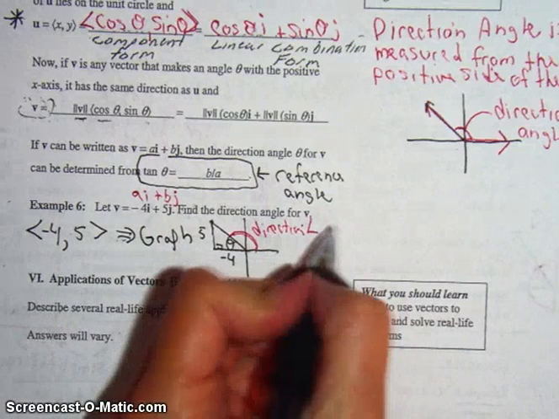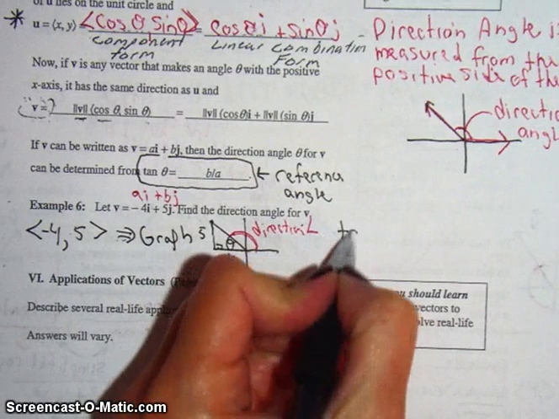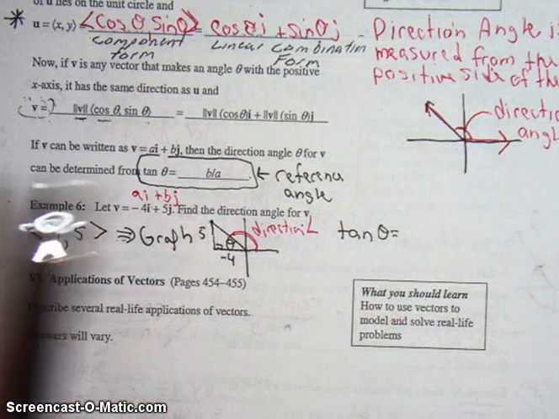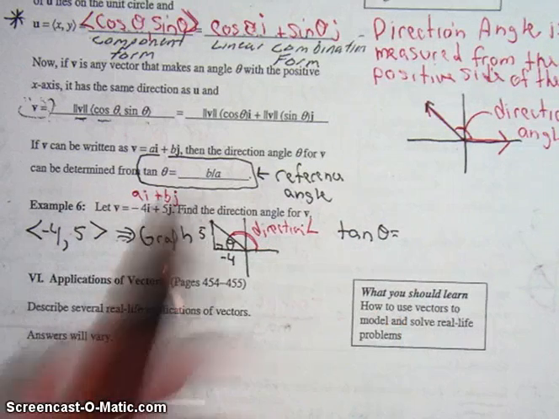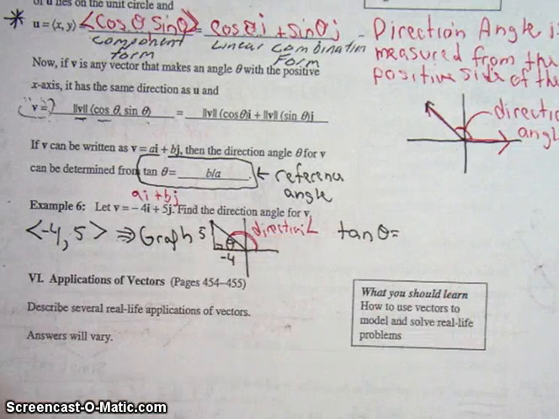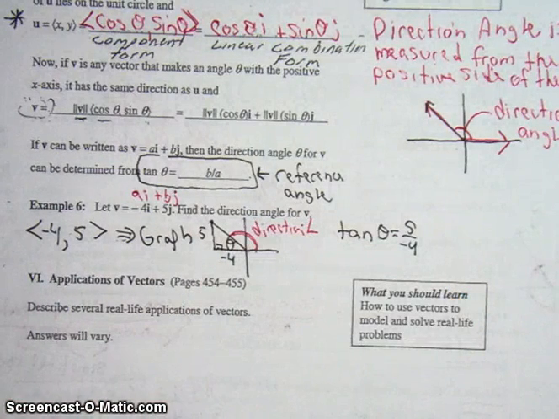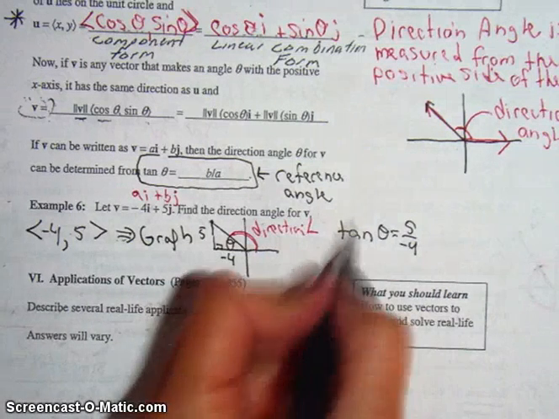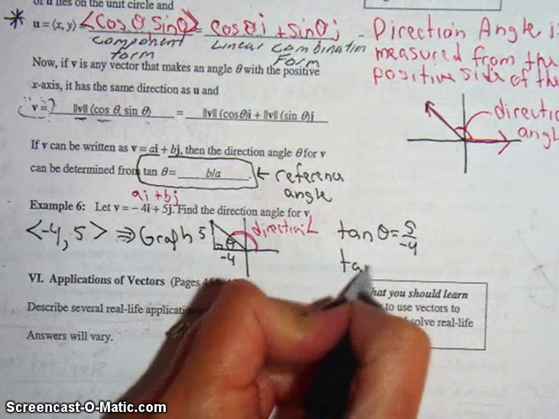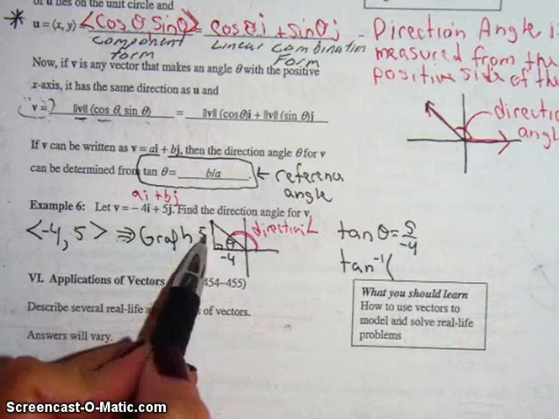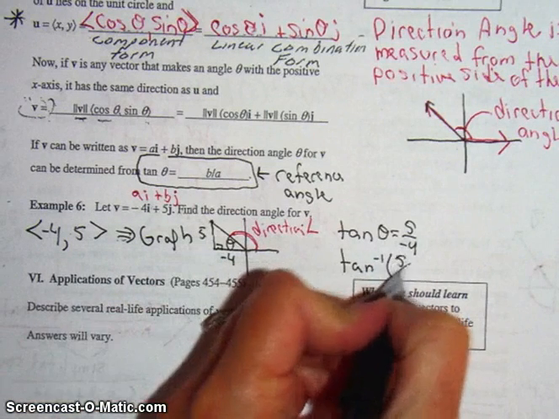So what we want to punch in our calculators is tan theta, 5 over negative 4. And then I always ask you the question, what button on your calculator will give you the theta? Tan inverse is what Leah was saying. So we're going to type in tan inverse 5 over negative 4.